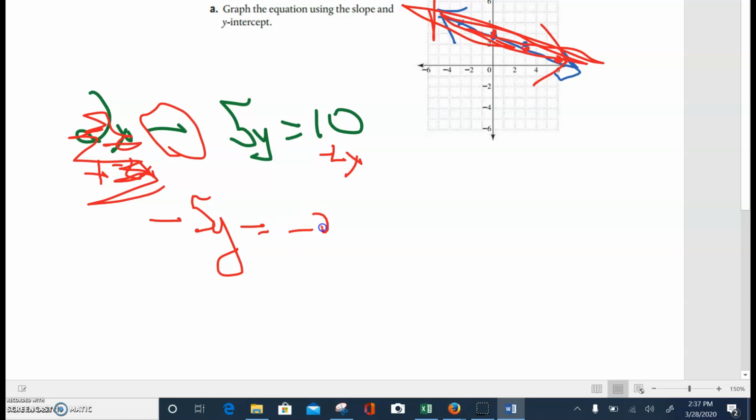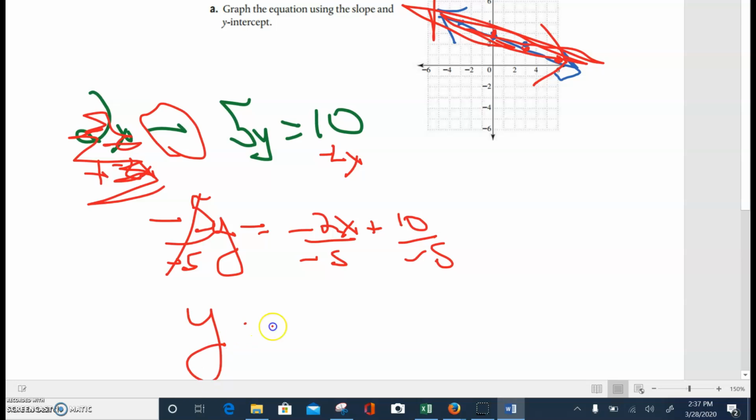And again, remember, these are not like terms. Cats and cats make more cats, but cats and dogs, you can't create anything new. Variables and constants don't add together. Now all we have is multiplying left, so we divide everything by negative 5. I get 1y equals, and a negative divided by negative is a positive 2/5 x.